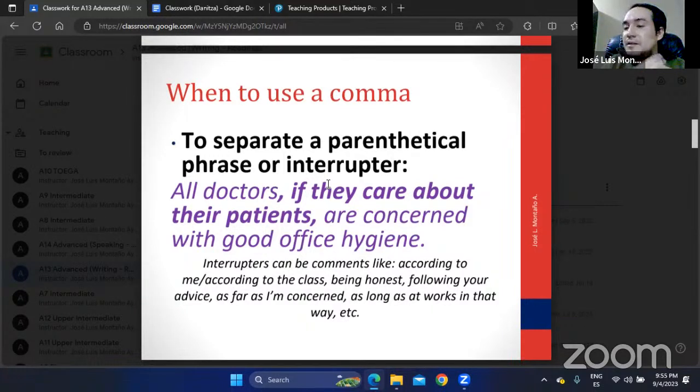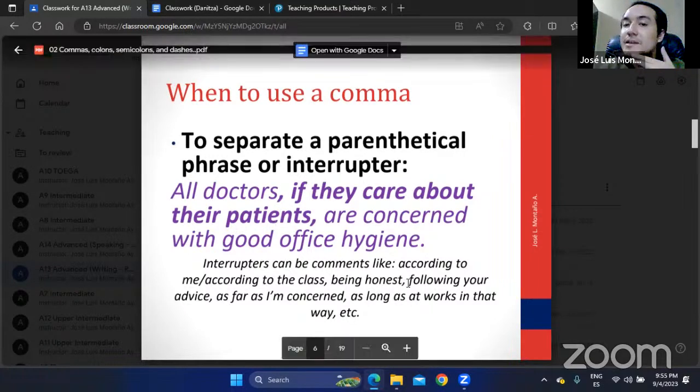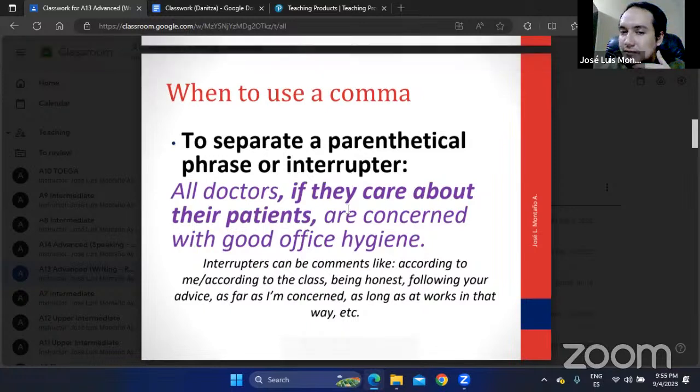If it's not there, it's still good, still clear, and still grammatically correct. If your sentence is correct with and without this parenthetical phrase, then you're using this correctly. It has to be always optional, not necessary for the sentence to be correct. Those are the four examples that we need.